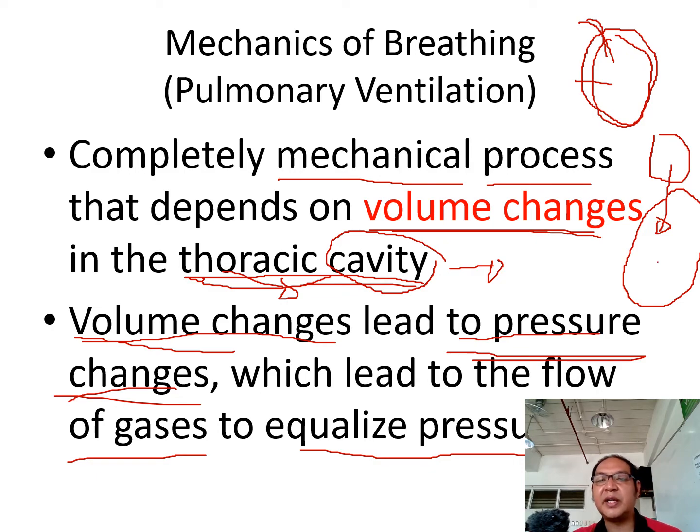So if you inhale, the volume increases, the pressure decreases. That's why air will flow inside, and it equalizes the pressure outside, or atmospheric pressure, and inside. You get it? Okay.